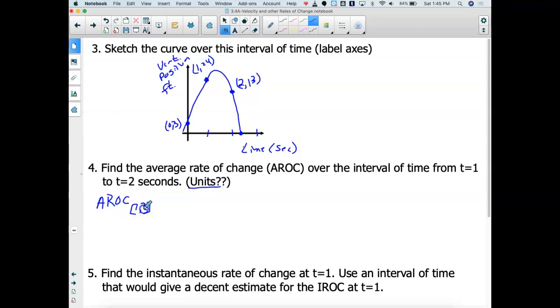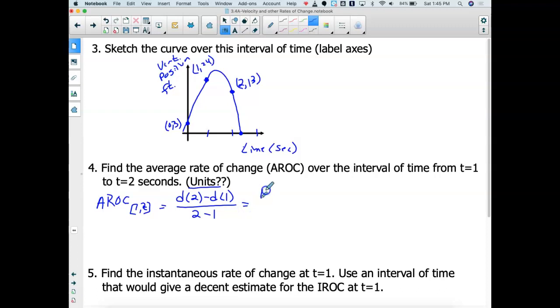We know how to do that because my average rate of change is going to be change in position over change in time. So that's my displacement at time 2 minus displacement at time 1, over 2 minus 1.